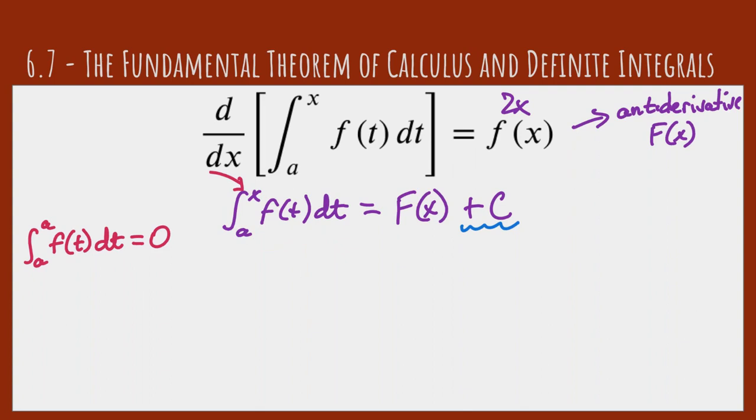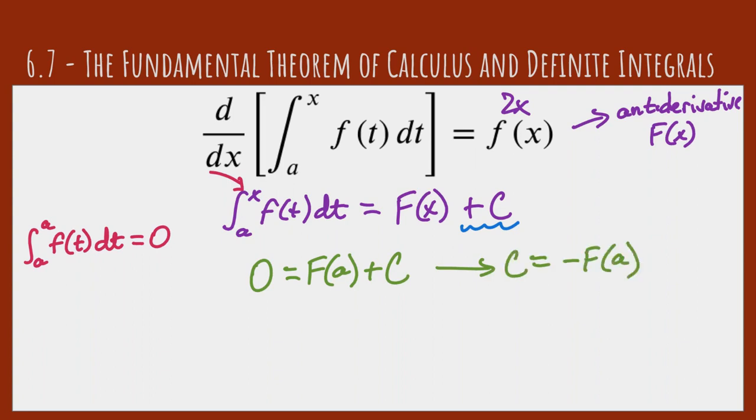That's going to give us an area of 0 equals the antiderivative, whatever that is, evaluated at a, plus some constant. And using this, we can figure out then that that constant has to be the opposite of big F of a. So the antiderivative evaluated at a, at that lower limit.